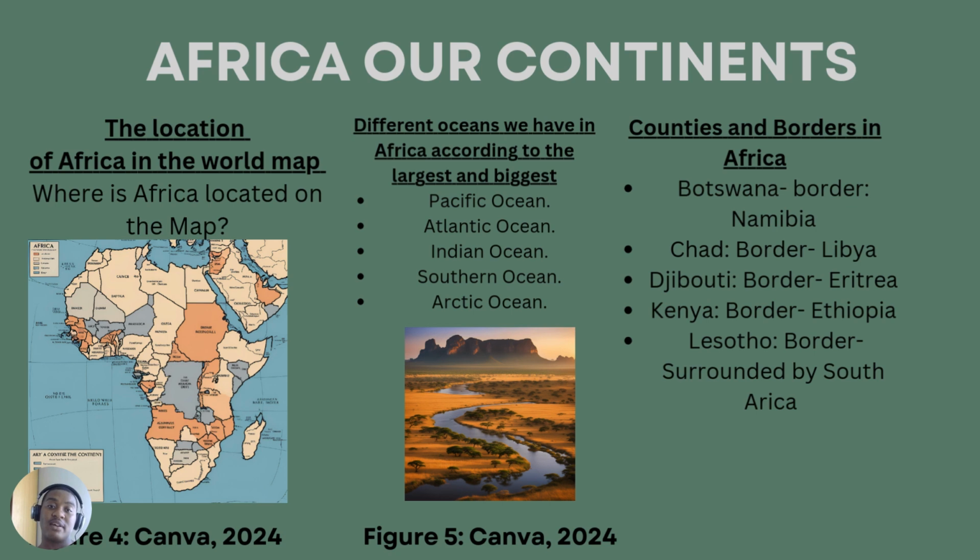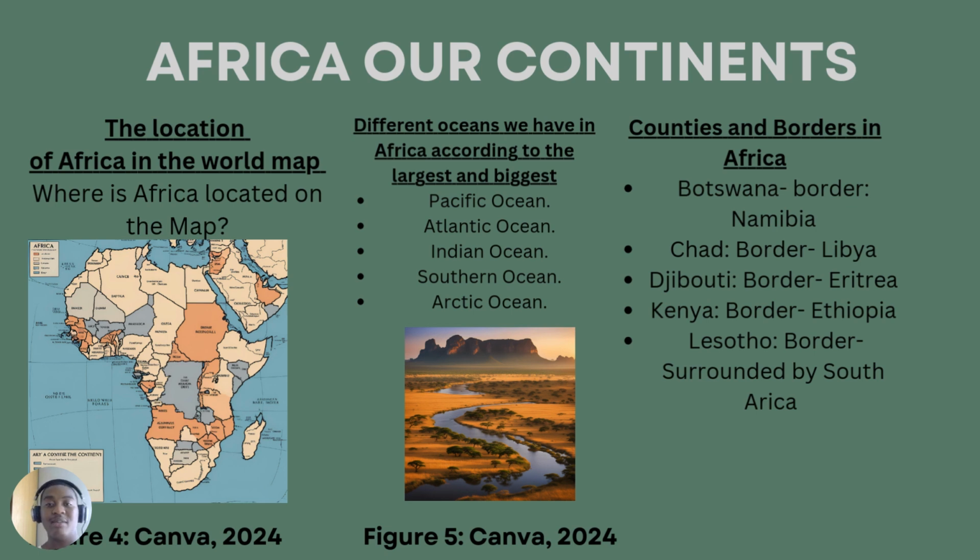Then we have different oceans, and I've written them from the largest to the smallest. The first one is the Pacific Ocean, followed by the Atlantic Ocean, the Indian Ocean, the Southern Ocean, and lastly, the Antarctic Ocean.